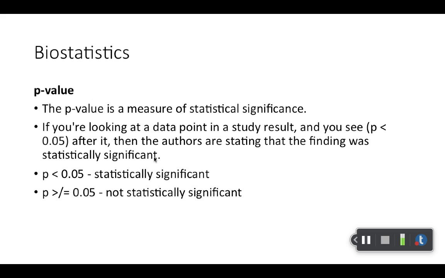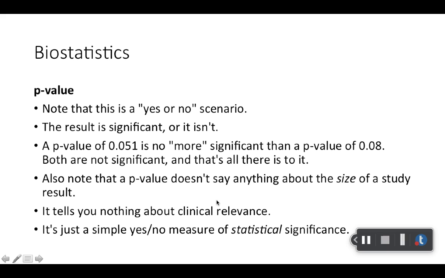And so again, by convention, I'm not going to get into the details, and honestly, I don't really fully know the history behind it, but for whatever reason, a line was drawn in the sand, and statisticians said, if it's less than 0.05, then it is statistically significant, but if it's greater than or equal to, it is not statistically significant.